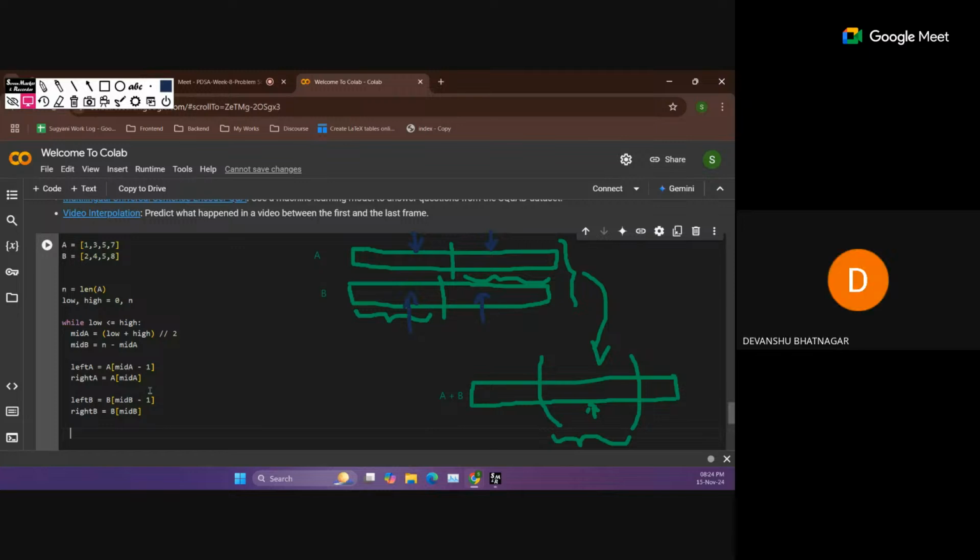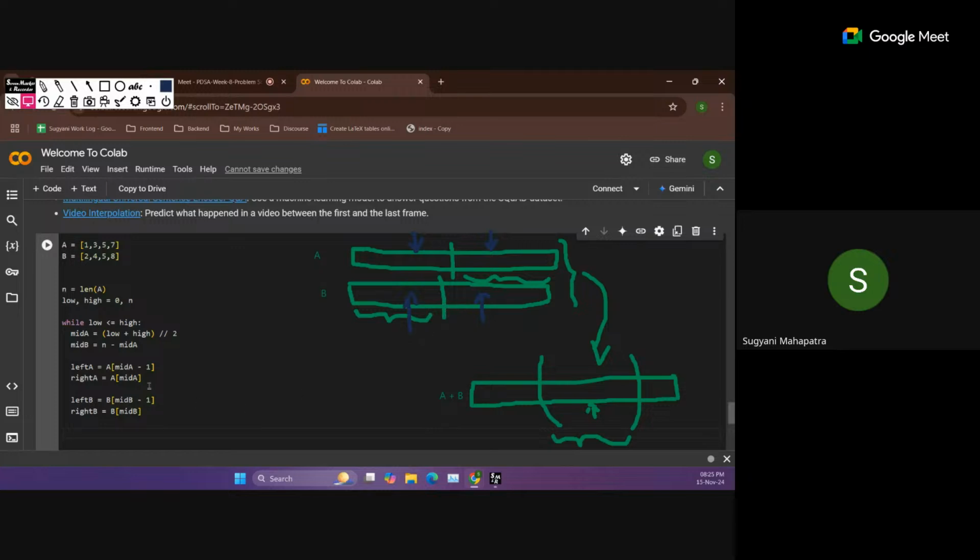Ma'am, why are we taking the right element as the middle element itself? We can do the opposite also. We can do, if this is the middle and this is plus 1 also. Actually, you can do that also. But then you will be considering three elements here.